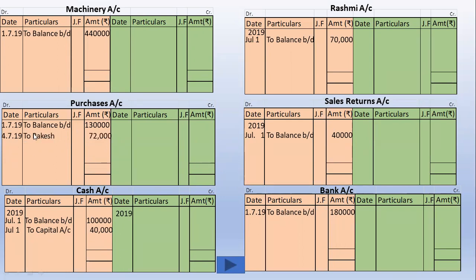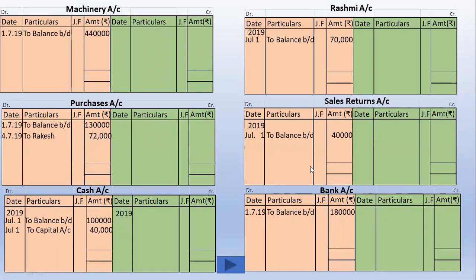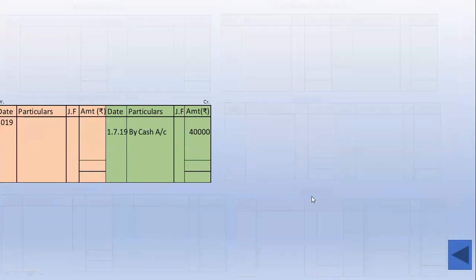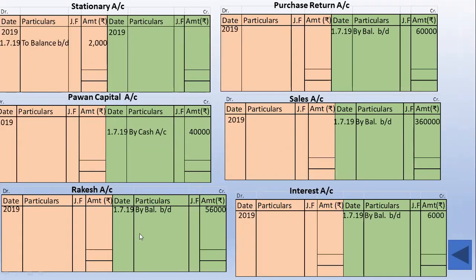See, purchases account debit side 72,000 and in Rakesh account credit side rupees 72,000. See this 72,000.